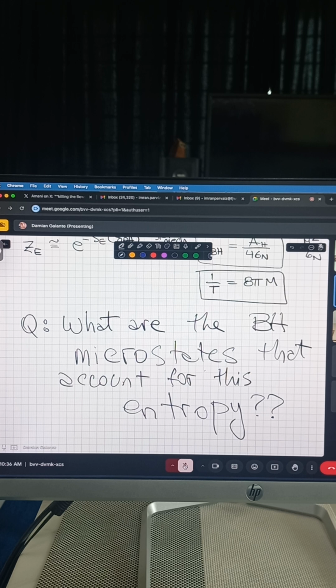So my question is, is there a correspondence between these two numbers? And if so, does the Bekenstein-Hawking entropy correspond to the entropy of the collapsing star?